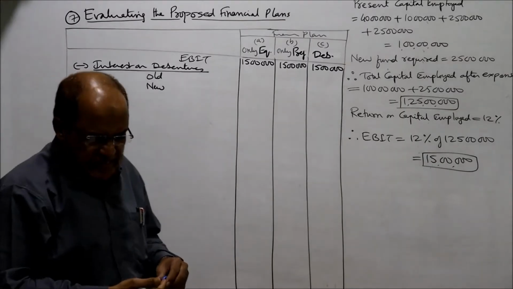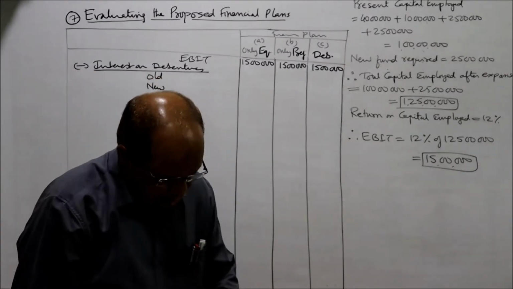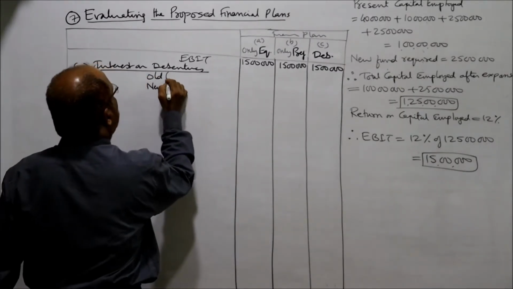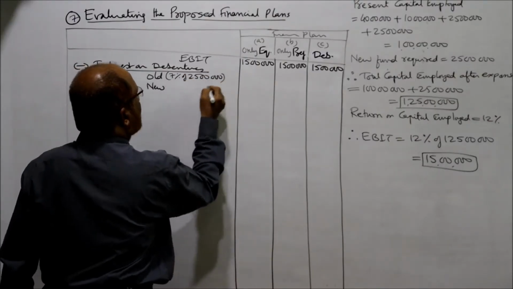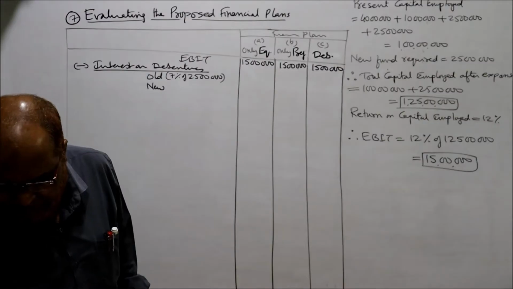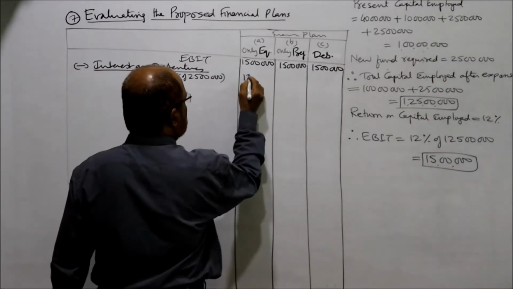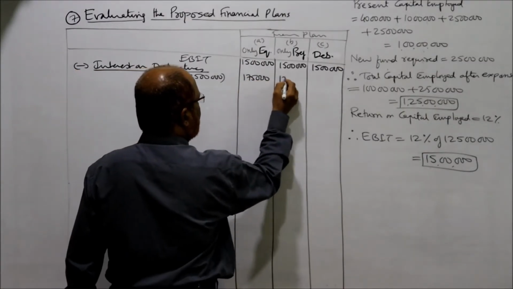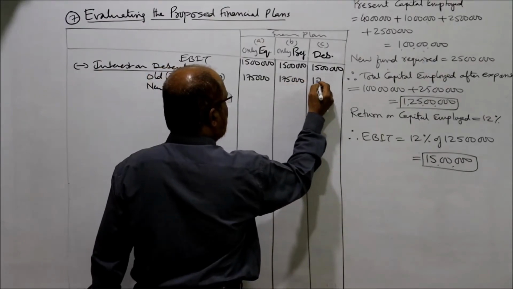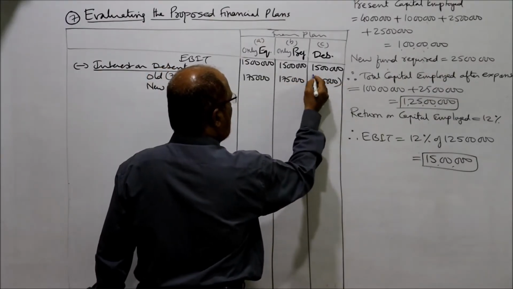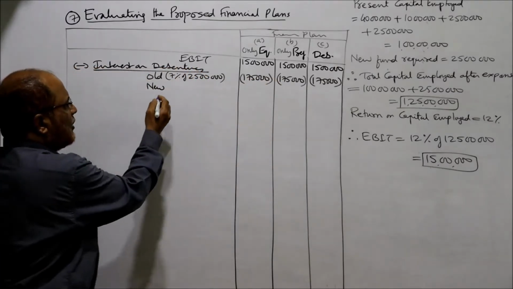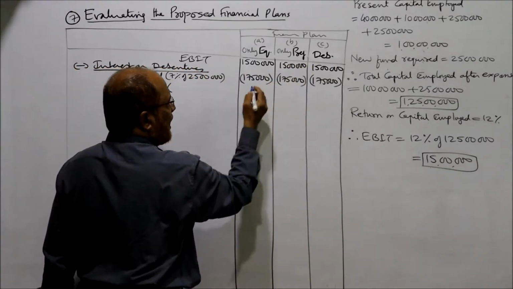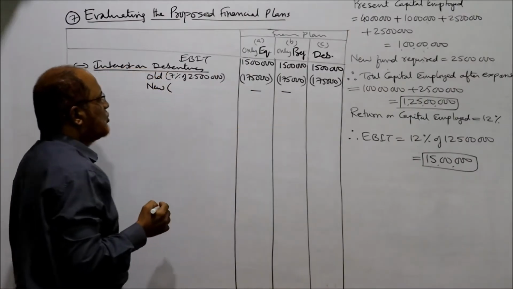The old debentures as per the balance sheet are 7% of 25 lakh, which comes to 1,75,000 in all the columns, because it is the old one. New debentures are there only in the last, so put a dash in the first two columns.